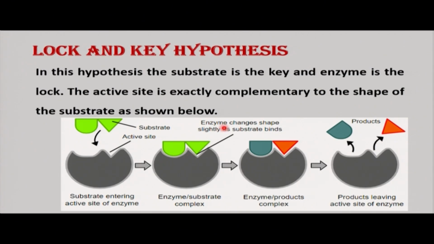What happens? The enzyme changes shape slightly so that the substrate can fit there. So when the substrate fits there, there is formation of the enzyme substrate complex. From there, the enzyme is going to catalyze the substrate. What will happen is the enzyme product complex.